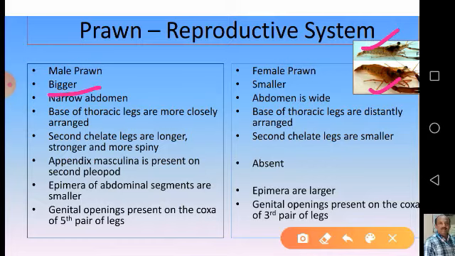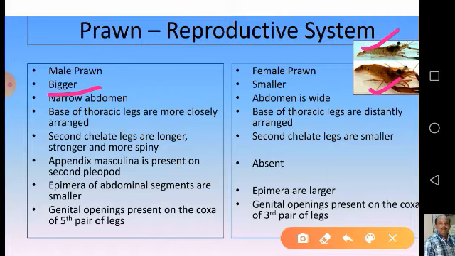Now coming to the other feature. If you are unable to differentiate just because of the size, let us go to the next characteristic feature, that is the abdomen. Place the male and female animals before you and see the abdomen from the ventral view.